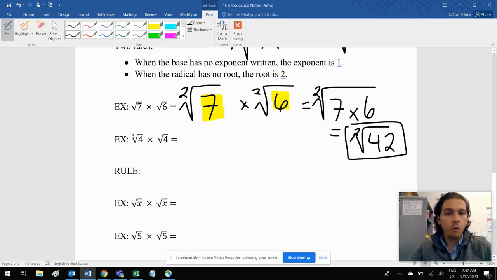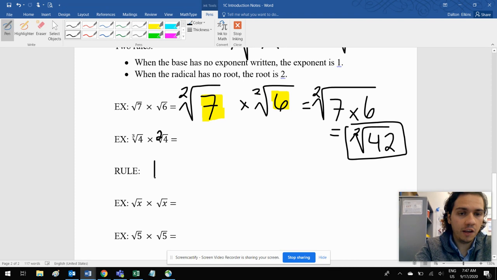So when we're multiplying radicals, we're multiplying what's underneath. When we added, we worked with what's outside. Here we're going to multiply what's underneath. And there's a quick rule here. Notice here we have the third root of 4, and then this would be the second root of 4. In order to do this, the indexes have to match.